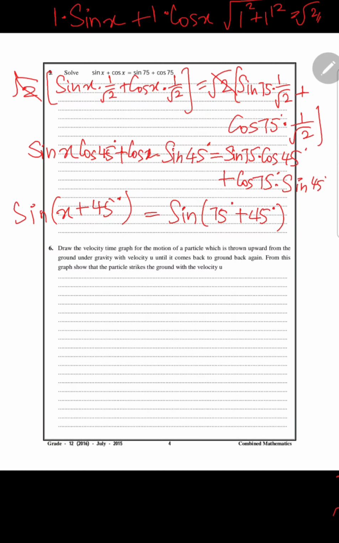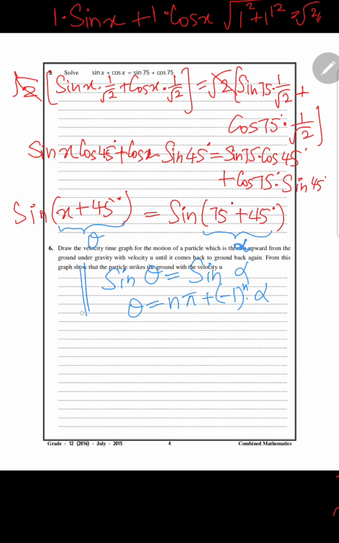Okay. This is the theta angle. This is the alpha angle. So in general solutions, we know if sin theta equals sin alpha, according to general solution theory for sine, the formula is n pi plus minus 1 to the power n alpha.